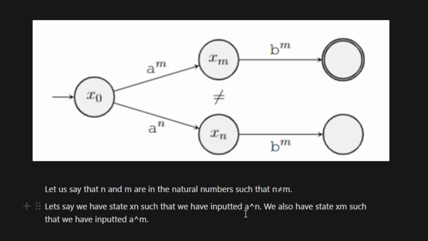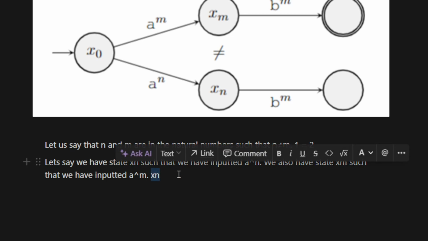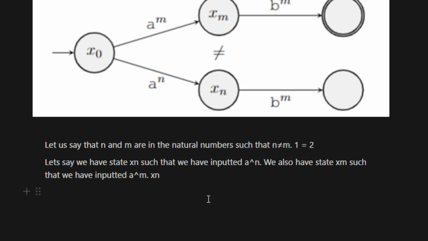Now, if n is not m, obviously we can have n equal to 1 and m equal to 2, for example. So what do you think the state xn will accept? If we have the state xn, what is it going to accept once we've reached that a to the power of n number of a's?